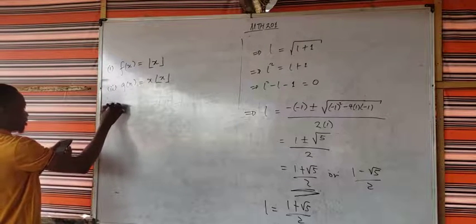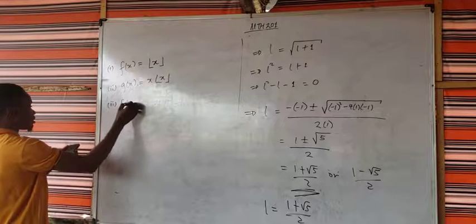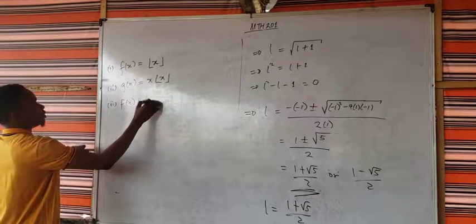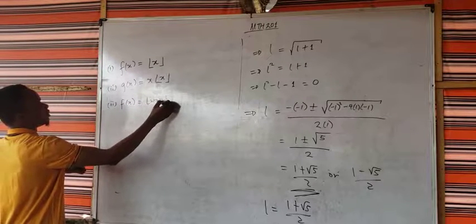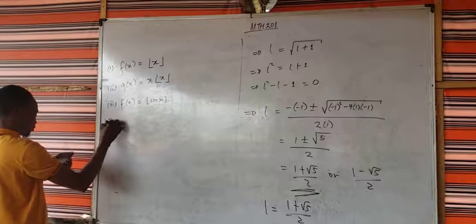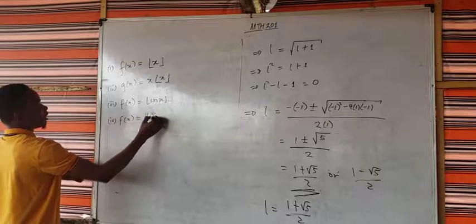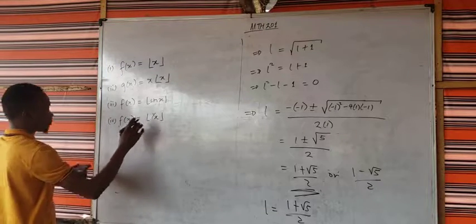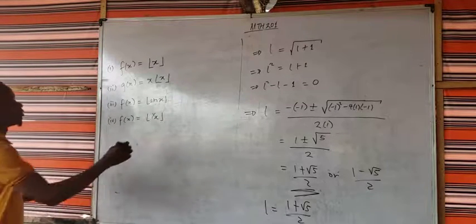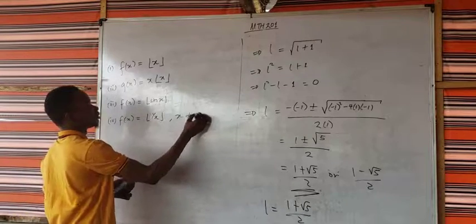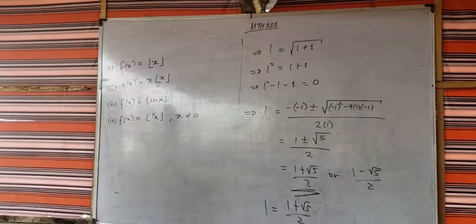And finally, you are given f of x equal to the greatest integer less than or equal to sine x. You are given f of x equal to the greatest integer less than or equal to 1 over x, provided that x is not 0. So you want to get their points of continuity.